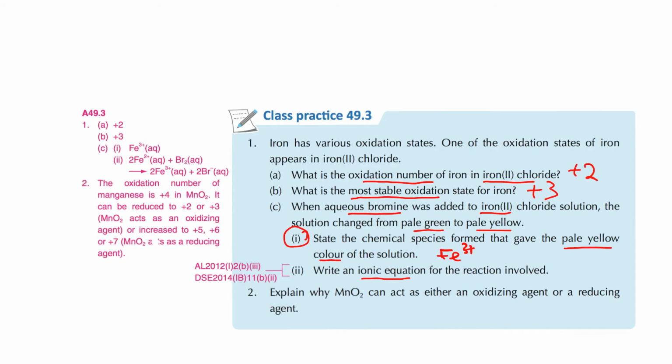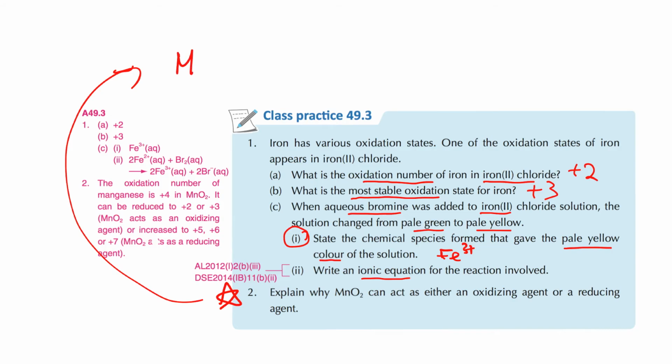So actually, it's quite typical for a question like this. But I just want to draw your attention to question number 2. Explain why MnO4- can act as either oxidizing agent or reducing agent. We covered this in redox reactions: some chemicals can act as OA and also as RA.